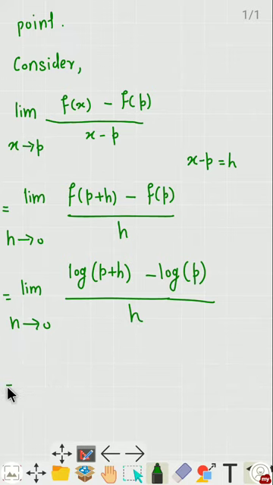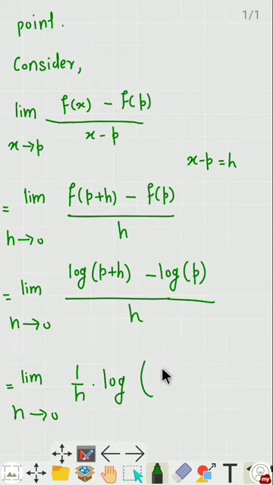By the rule of logarithms it is equal to the limit h tends to 0 of 1 upon h into log of p plus h divided by p.